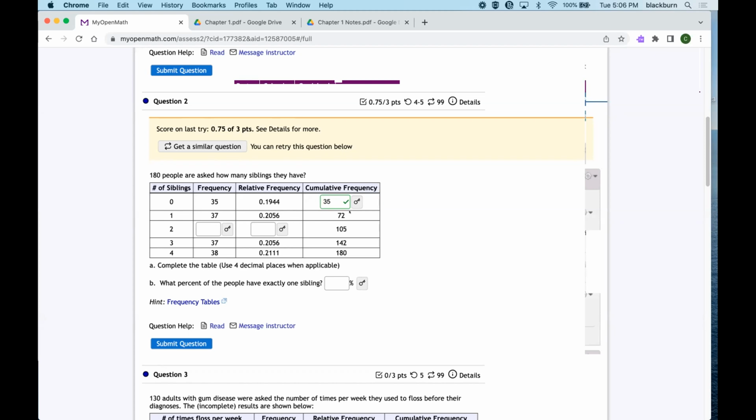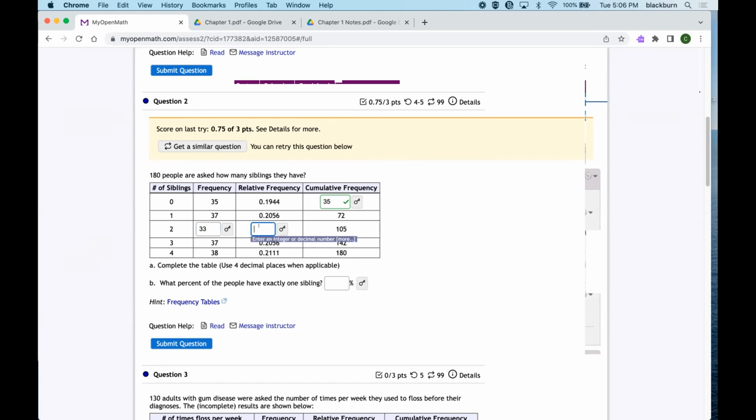Now the next 2 boxes are kind of tricky, but the cumulative frequency in the next one down is 105. So we had to go up by how many to get from 72 to 105? I think we had to go up by 33. So the frequency right here is 33.